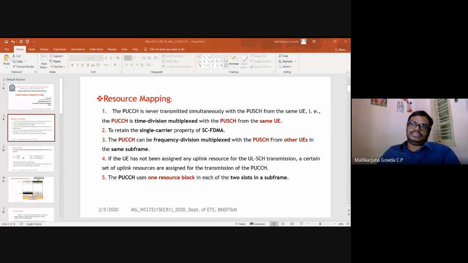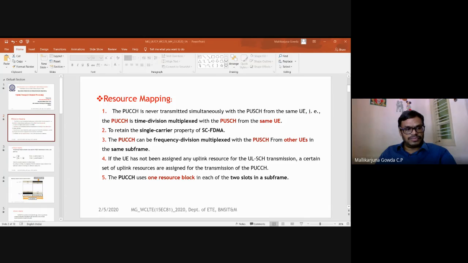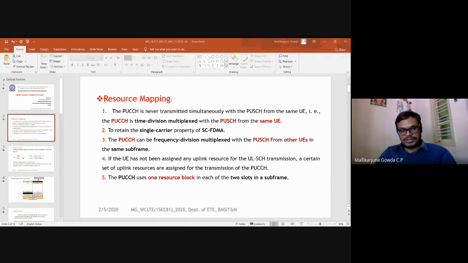The demodulation reference signal is used for coherent demodulation of data and control information at the eNodeB. Since the physical uplink control channel and physical uplink shared channel are not transmitted simultaneously because they are time division multiplexed, each channel will have one demodulation reference signal, I said. Then the sounding reference signal is used for the measurement of uplink channel quality.